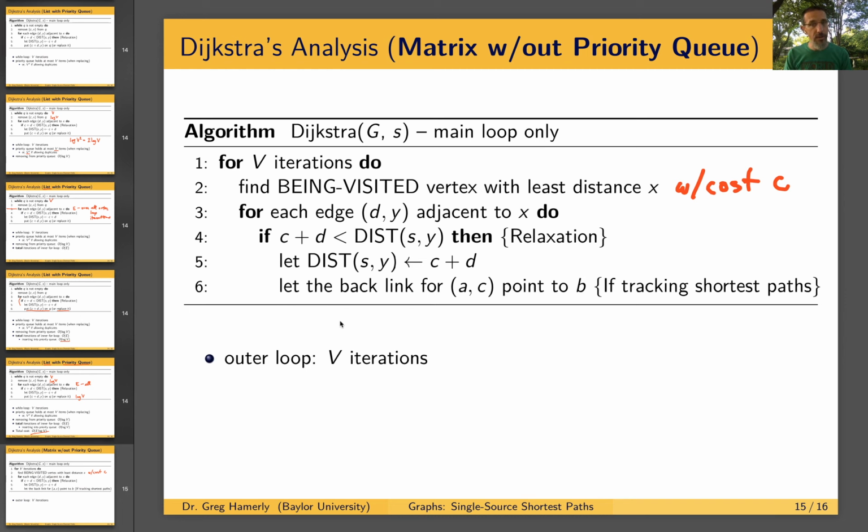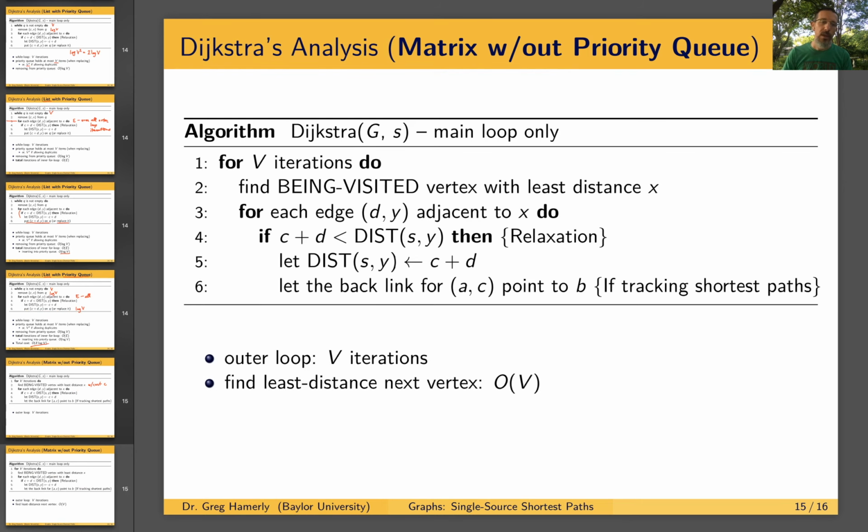It's just we're using a matrix representation, and let's look at the analysis for this. The outer loop up here obviously uses V iterations. The cost at line 2 looks really expensive because we have to look at all the vertices, and of all these vertices, which ones currently have a non-infinite cost but haven't been processed, and which one of those has the least distance.